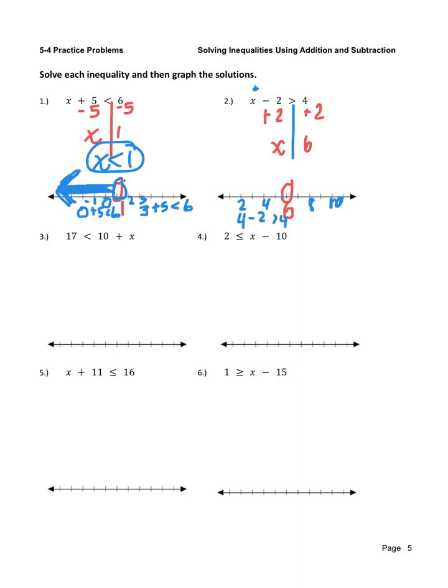So let me try the other side. And I'll choose 8. If I substitute 8 in here, 8 minus 2, is that greater than 4? And yes, 8 minus 2 is 6, and 6 is greater than 4.